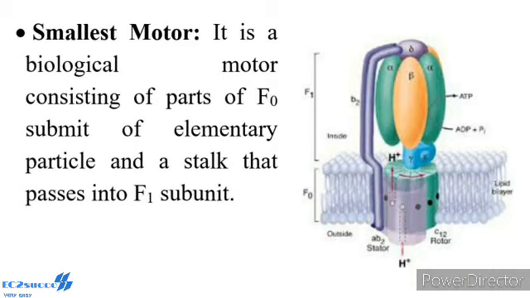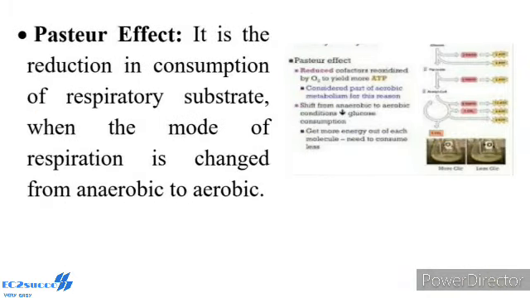Another one, smallest motor. It is a biological motor consisting of parts of the F0 subunit or elementary particle and a stalk that passes into the F1 subunit. Next one, Pasteur effect.